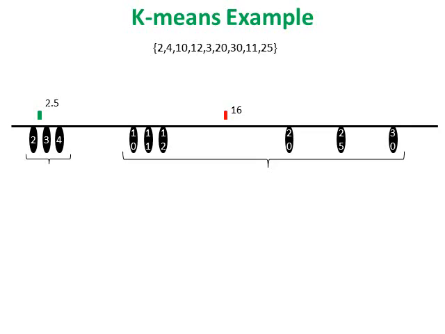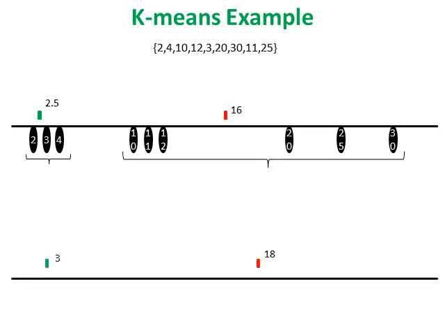Here, mean of 2, 3, 4 is 3 and mean of remaining data points is 18. So, cluster centers are updated to 3 and 18.